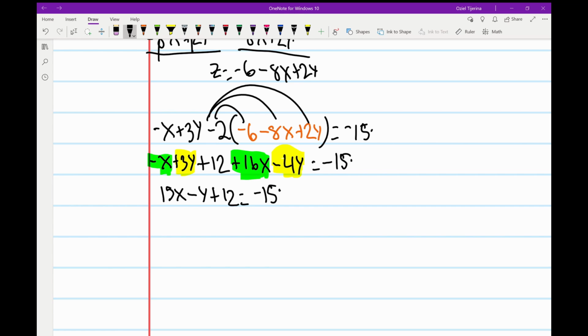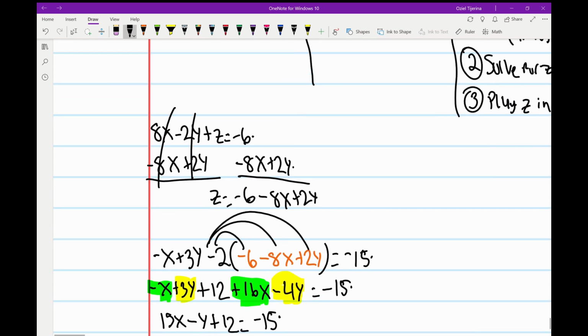And what you want to do is you want to get rid of that constant there because you don't want it that way. So I'm going to do minus 12 on each side, and you have 15x minus y equals negative 27.